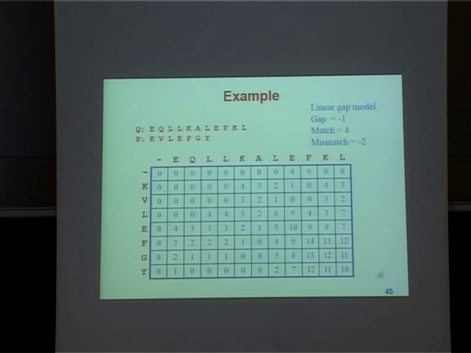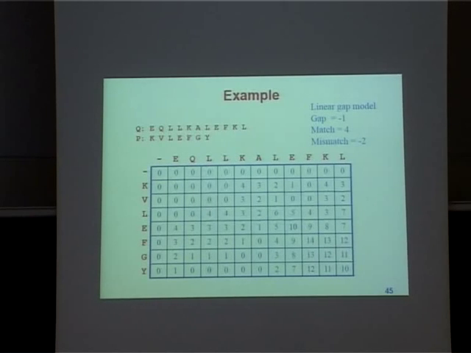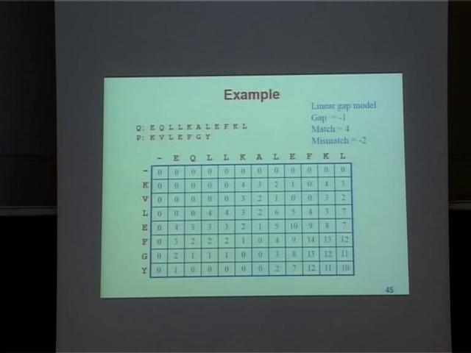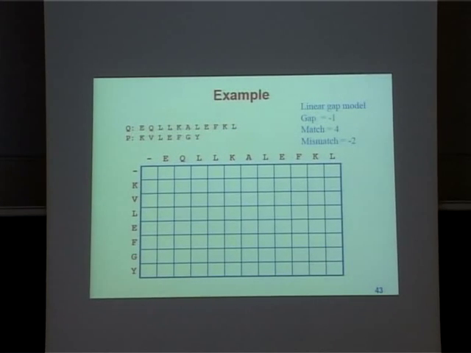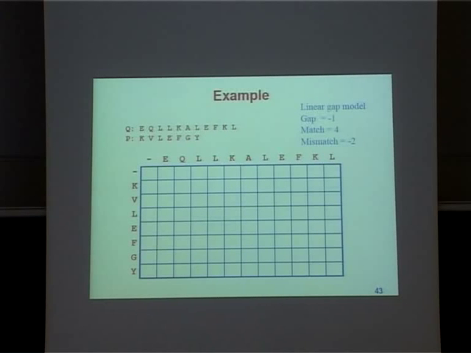Even if I have a positive score at the end, okay, 10. 10 is a positive score, but there was a better score, 14, if you ignored the last two mismatches. Okay, so here, this example does not use the Blossom matrix. It just says matches 4, mismatches -2.